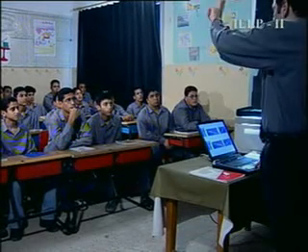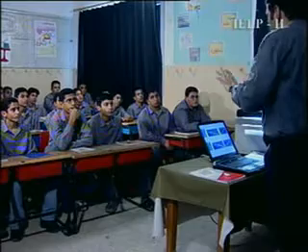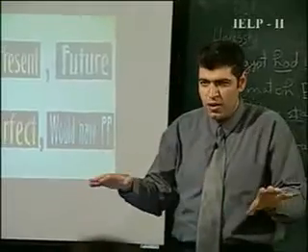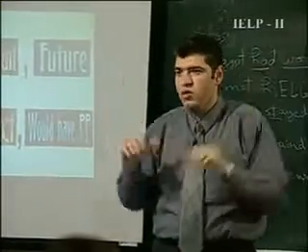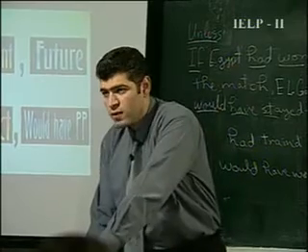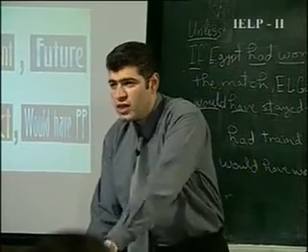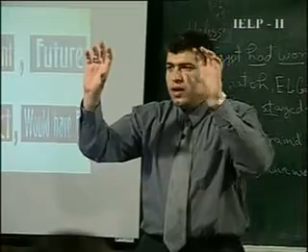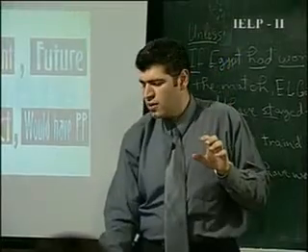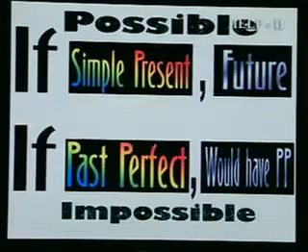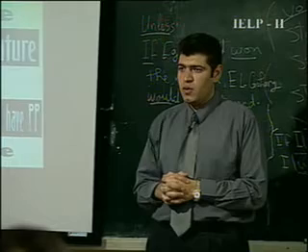And also we have two clauses. The third conditional is the first clause or if clause, which is had plus PP, and the second one is would have and PP. So this is what you have said, possible for the first one and impossible for the second one.